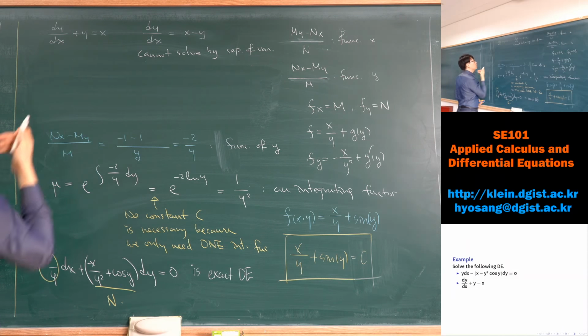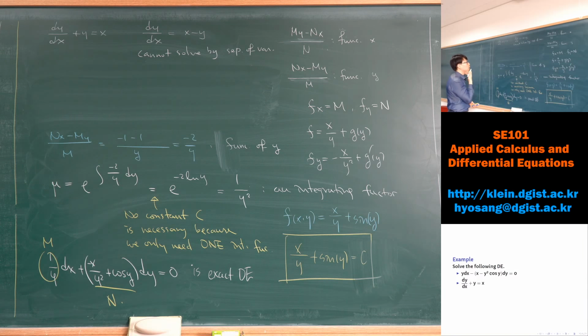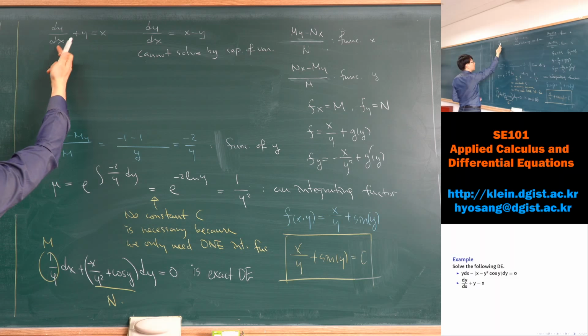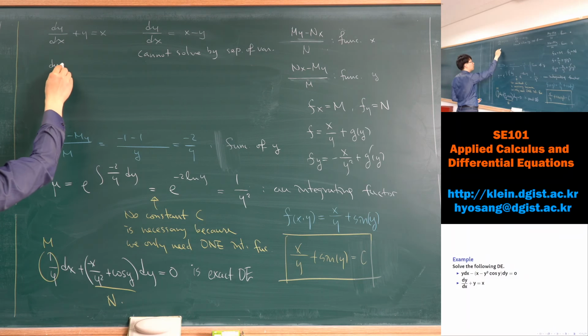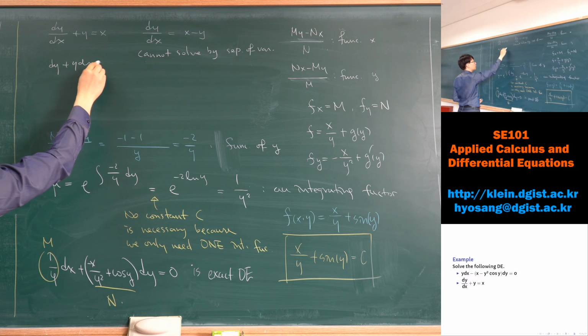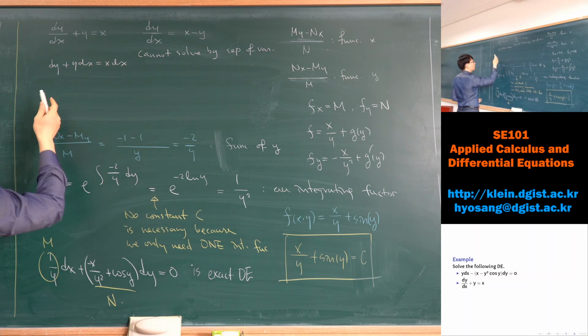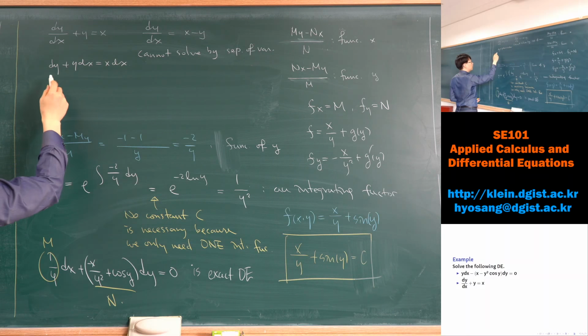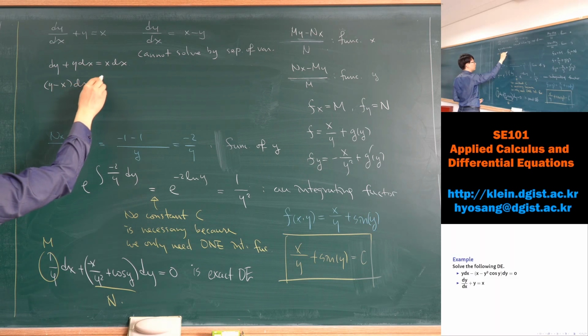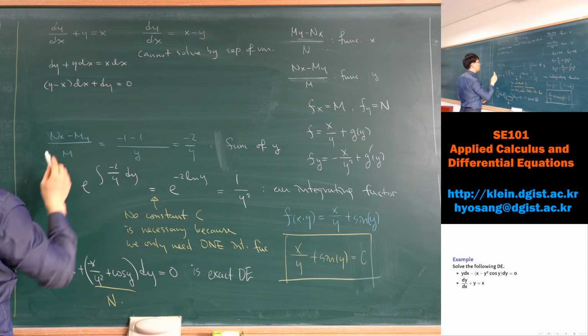So let's try to make it into an exact differential equation. By multiplying dx on both sides, we get dy plus y dx equals x dx. And let's pull x dx back to the left-hand side, you get (y minus x) dx plus dy equals 0.